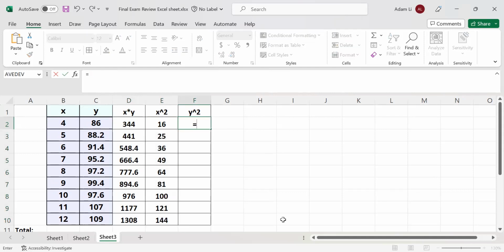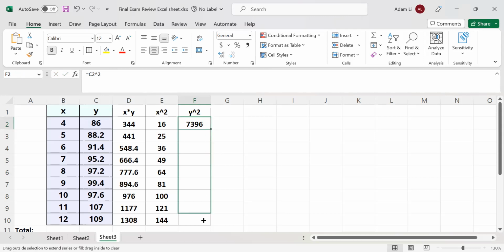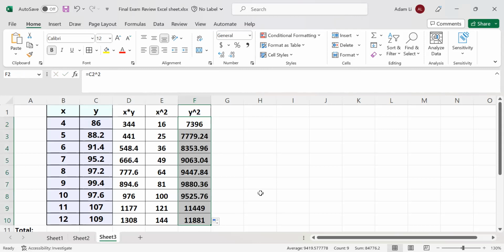Very similar for y squared: square the C2, and get the first number. And again, drag it. Green solid cross right there, that's when you can drag it. Drag it down all the way to the bottom, and we get the rest of the numbers.